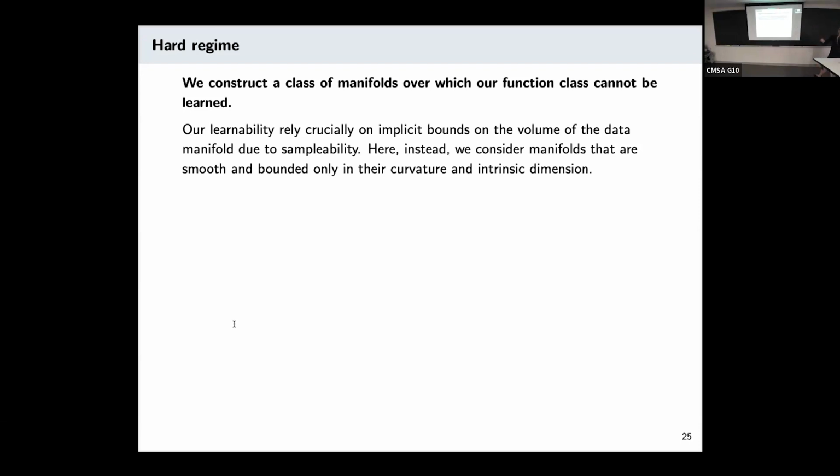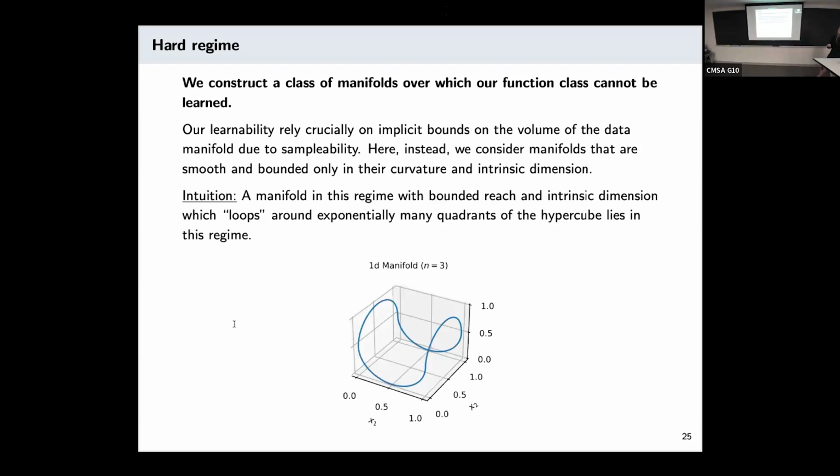Just regularity conditions, bounded curvature, bounded reach, and bounded intrinsic dimension are not sufficient, because we can construct pathological examples where we can show computational hardness. Similar to what we discussed in the first part of the talk, where we constructed certain classes of functions that attain the exponential lower bound, here we construct classes of manifolds that attain an exponential lower bound.